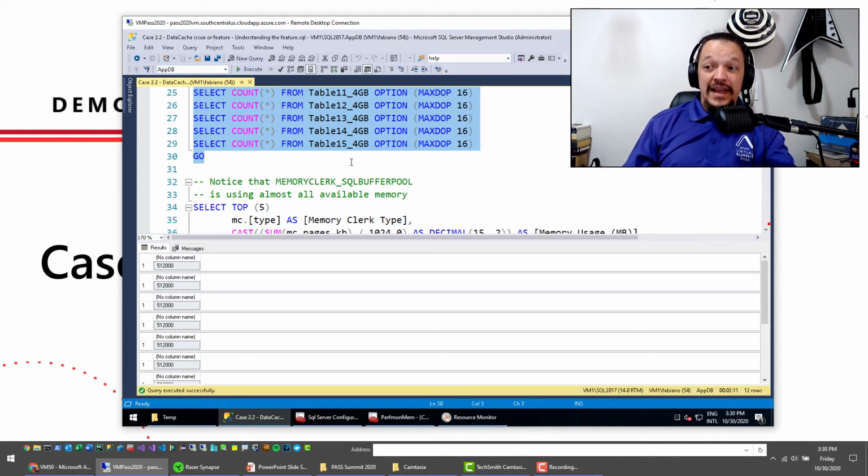So the idea here is to avoid huge scans taking out all of the pages that are being read really often from the buffer pool.